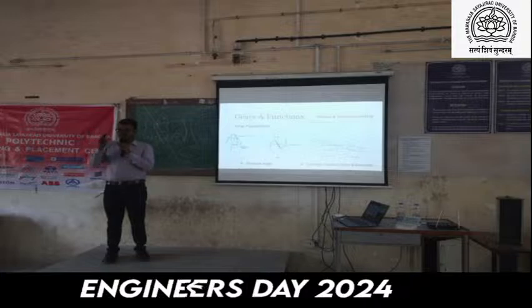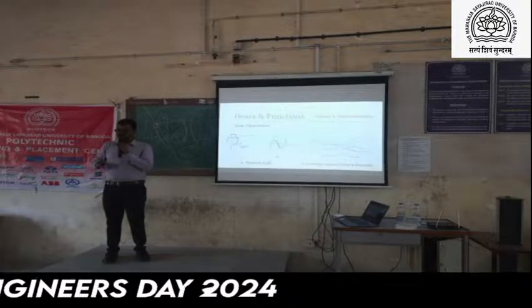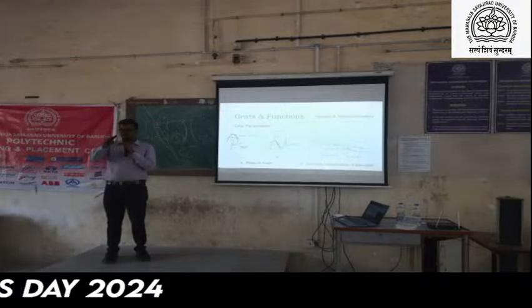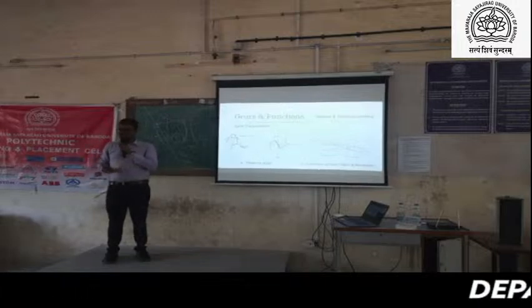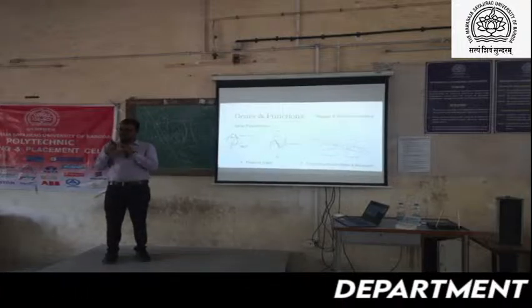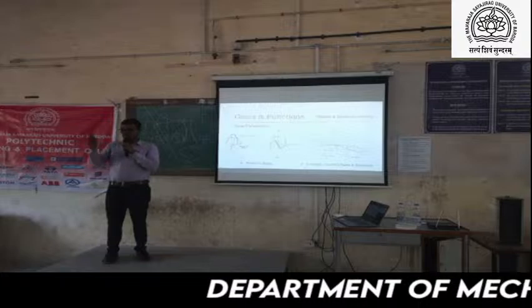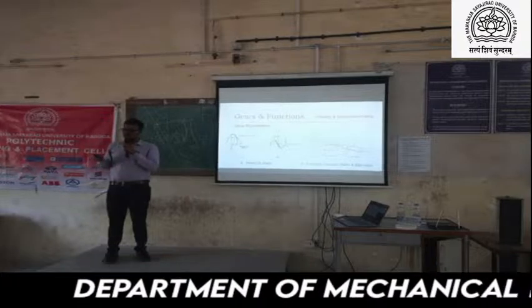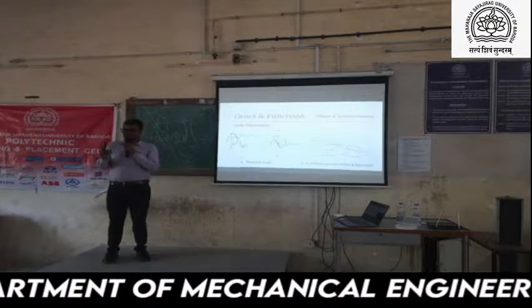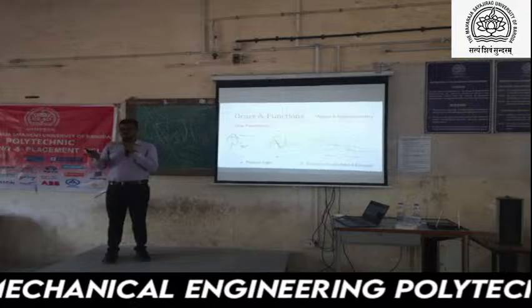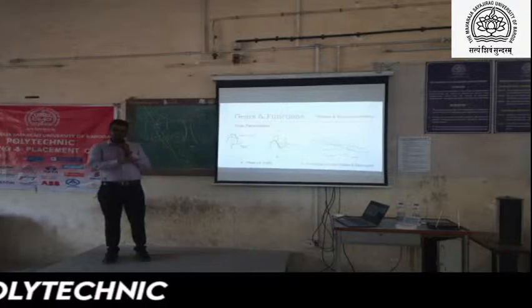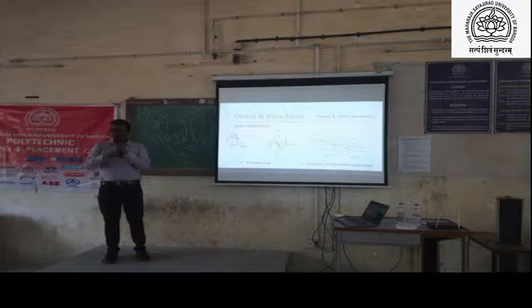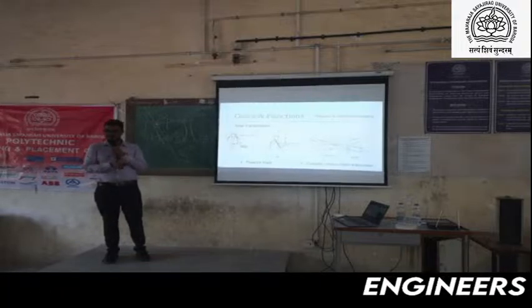Totally how much is it? 0.4, 0.6, 0.4. 60%, 40%, 40%. What is the contact ratio? 1.4, 140 percent. In spur it is 1, in helical it is 1.4. 100, 140. This is why a helical gear carries a higher load than a spur gear. This is the comparison between spur and helical.